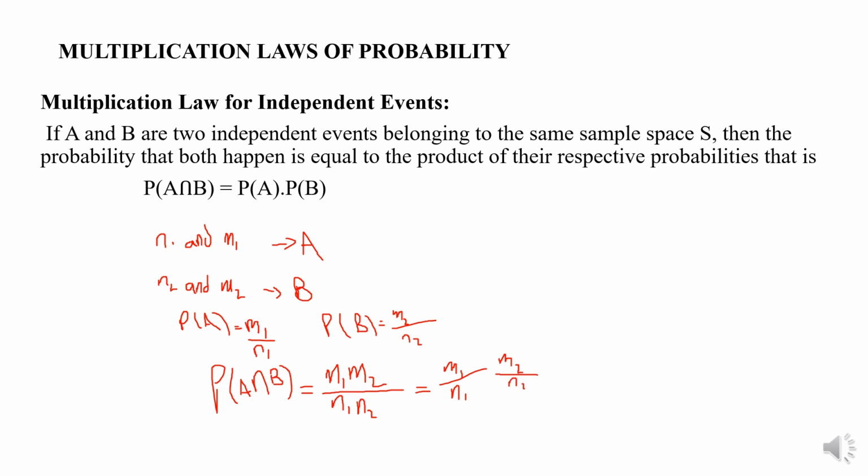So this equals probability of A into probability of B. This is the multiplication law for independent events.